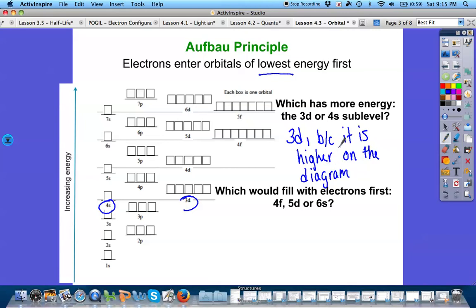And then which would fill with electrons first, the 4F, 5D, or 6S? Well, since we fill the lowest energy level first, 6S would fill with electrons first because it is lowest.